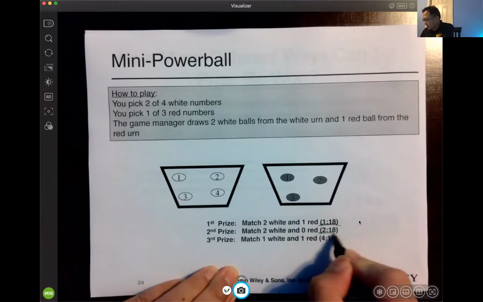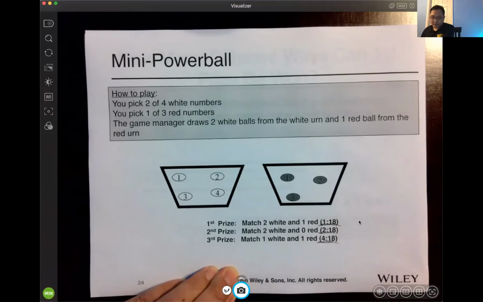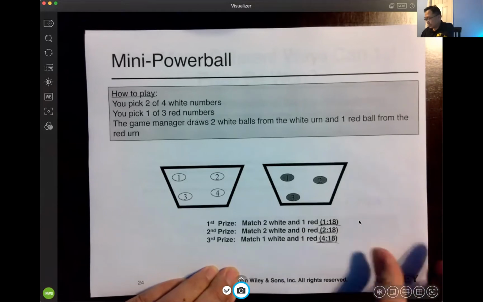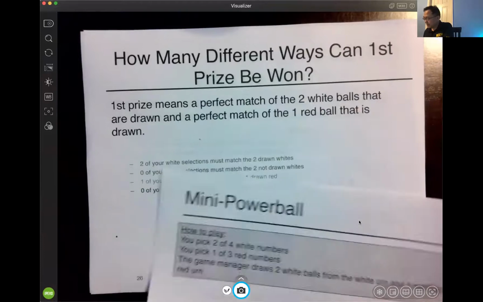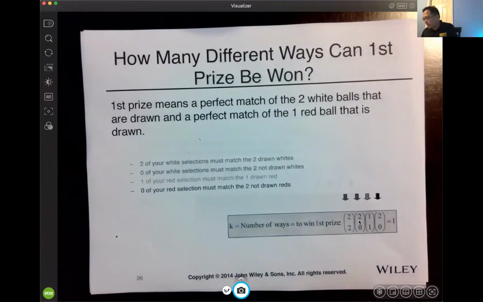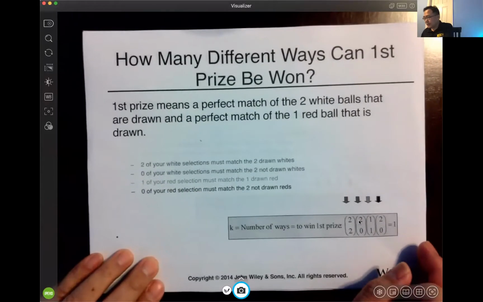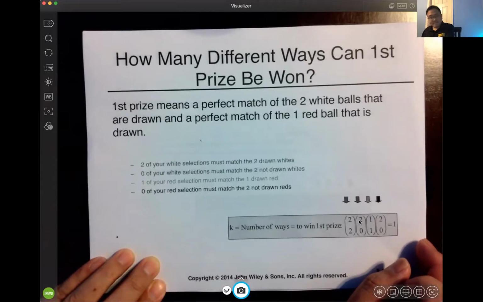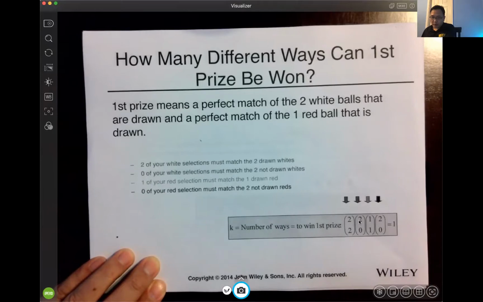So how did I come up with those numbers? Let's see. First, how many ways can we win the first prize? Obviously, there's only one way, one perfect match.